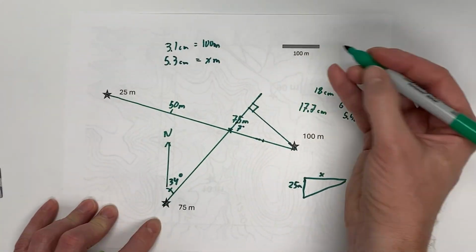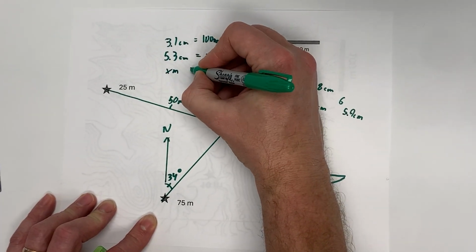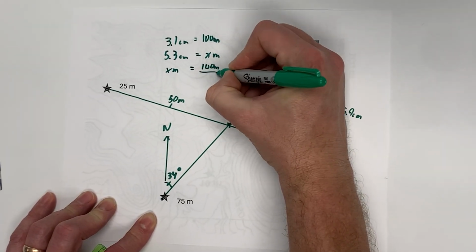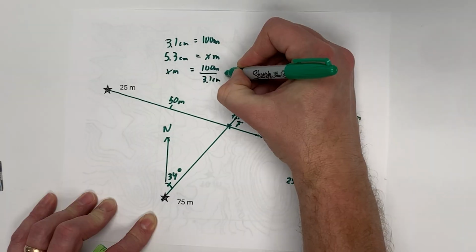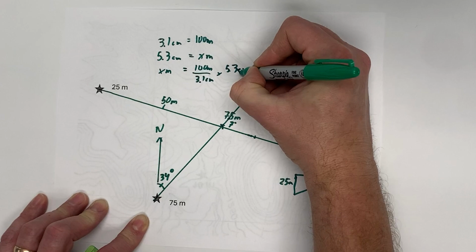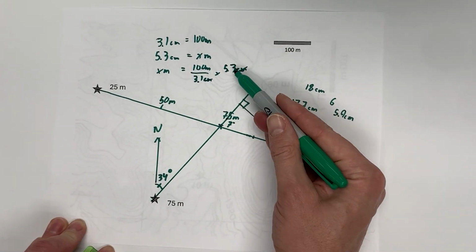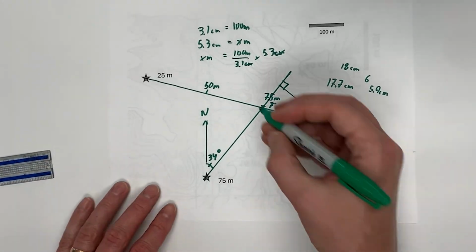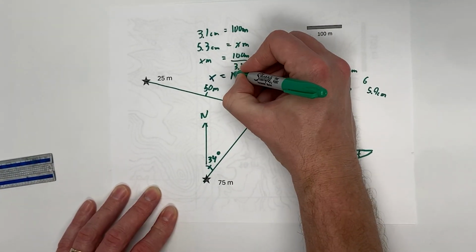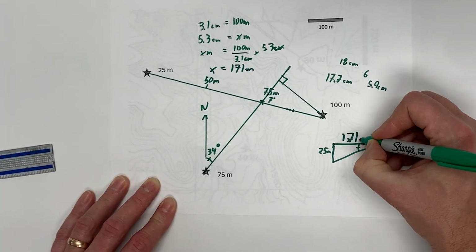So this can be set up as X meters is equal to 100 meters over 3.1 centimeters times 5.3 centimeters. The centimeters cancel, and we just have to do that math. All right, and then we can solve for this. X is equal to 171 meters. So we can put that here, 171 meters.